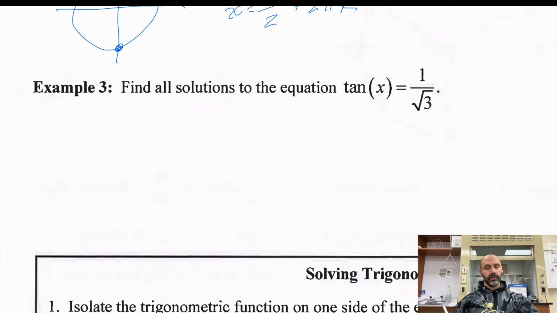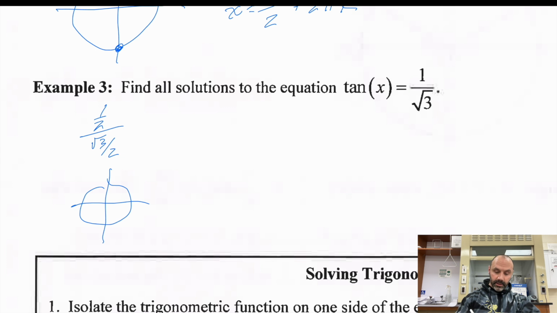Find all the solutions to the equation tangent of x equals 1 over root 3. So 1 over root 3 is going to be 1/2 over root 3 over 2. So where is that? Or it could be negative, plus or minus, because if they're negative, we're in the first and also the third quadrants, and sine over cosine.